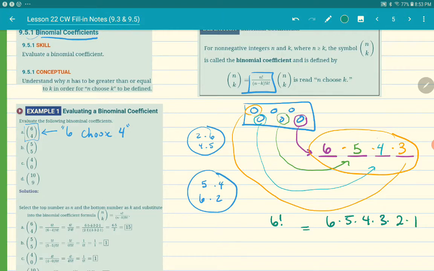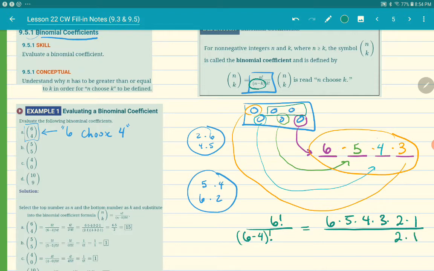So how do I get rid of that? I get rid of that by thinking, okay, how many people were left in the group after I was done? There were 2 people left. That's the n minus k. So that's the 6 minus 4 factorial. That gives us the 2 factorial, which is the 2 times 1.